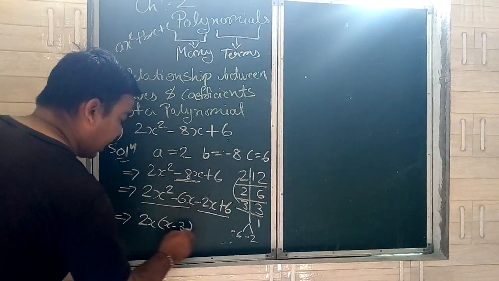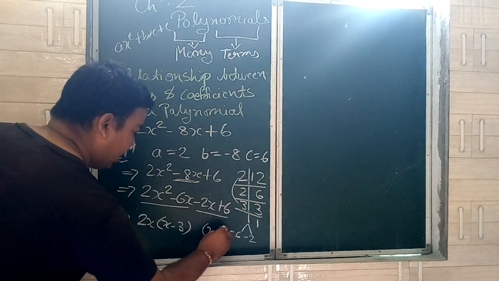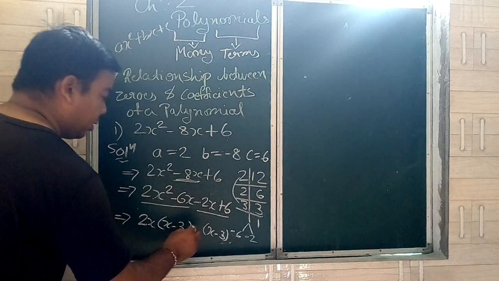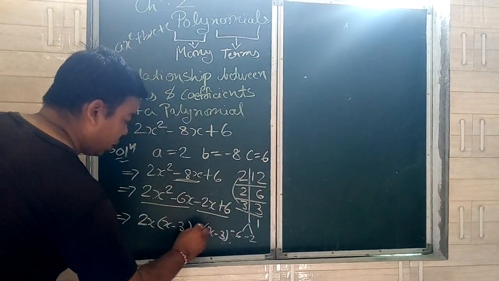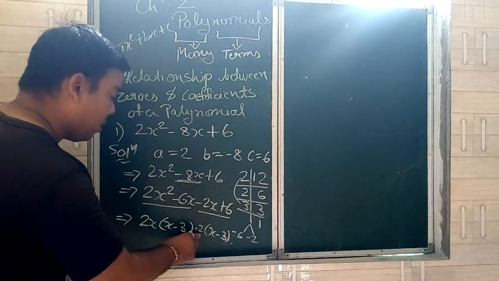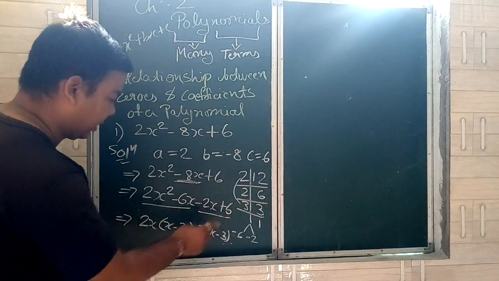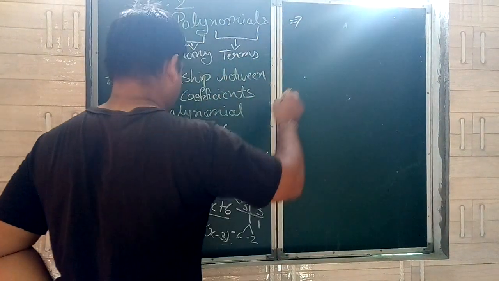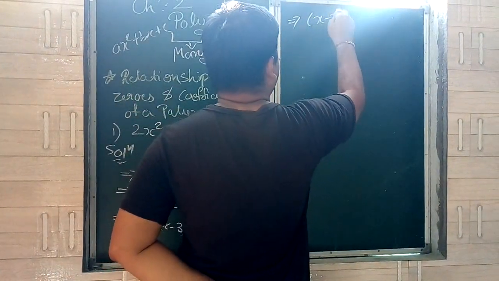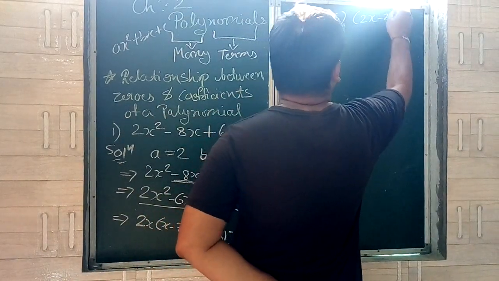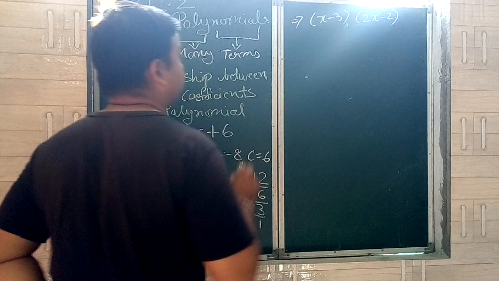Then here the same bracket, x minus 3. So minus 2, we put here minus 2. Minus 2 into x is minus 2x, minus 2 into minus 3 is plus 6. Now, x minus 3 and 2x minus 2.